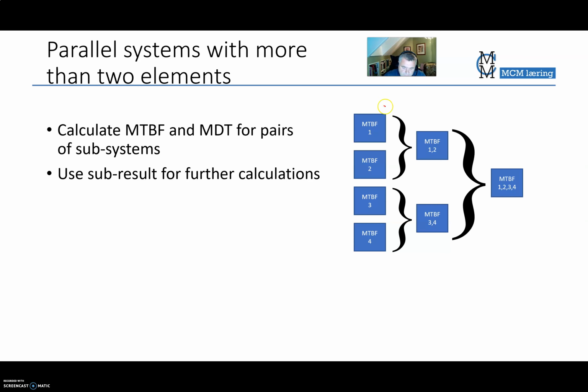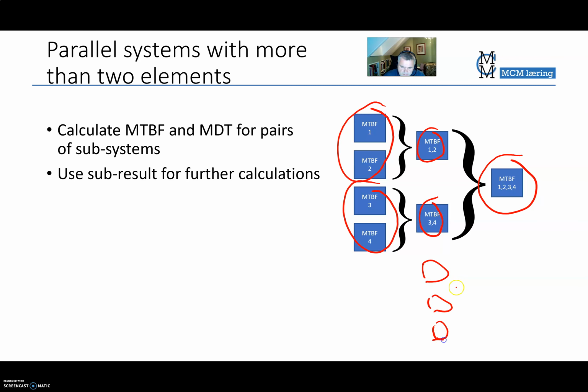Then you have to calculate 2 and 2, and find a new MTBF for those pairs, and then you combine those 2 pairs. And of course, if you have 3, 1, 2, 3, you find the overall MTBF for that one, and then you take these 2 and find an overall MTBF, and combine them in order to find the final answer.